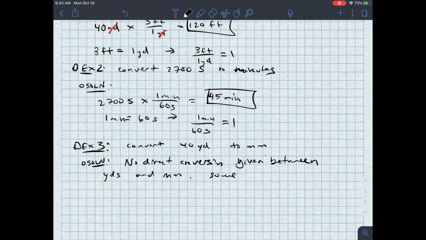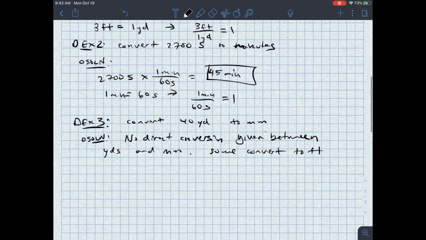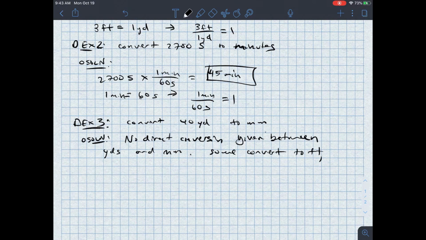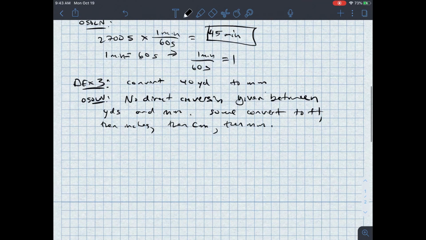So we should convert to feet first, then inches, then centimeters, then millimeters. So let's start.